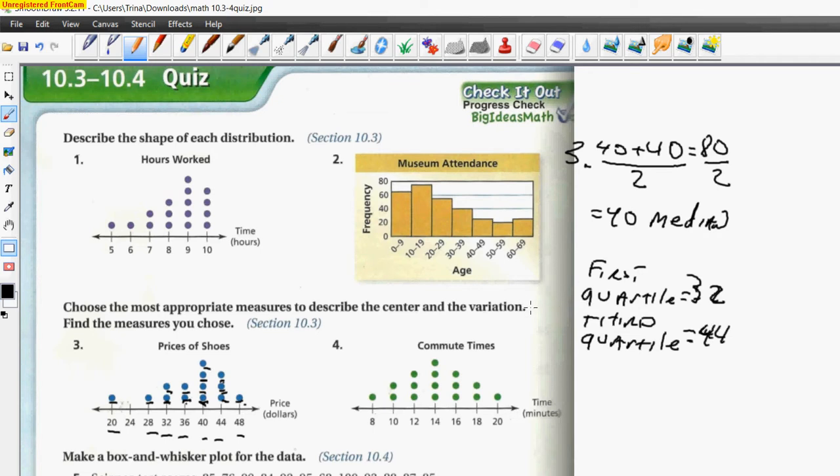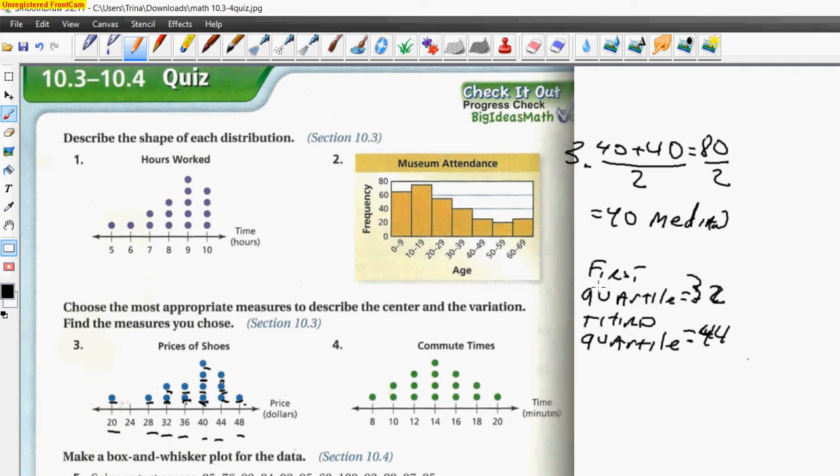So, are we basically done? Remember, what does the question ask? It says choose the appropriate measures to describe the center and the variation. Find the measures that you chose. Here's what's going on now. We've got the first quartile. We've got the third quartile. So now we need to find the actual measurement between those two.